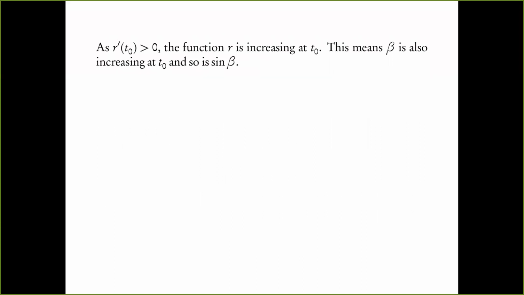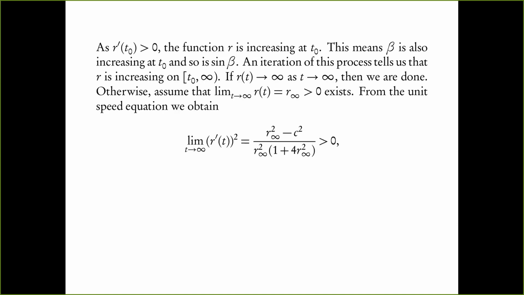So if I do that, and then I simply take the limit, what do I get? I get the limit of this quantity squared is this, okay? And this is evidently bigger than 0. Why? Remember C is, if you think of C as r of t cosine beta, and r of t goes to r infinity, and beta will go to something, right? But remember, beta is always increasing as an angle, and beta of t0 is always bigger than 0, right?